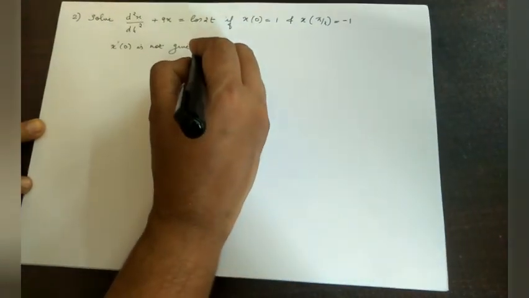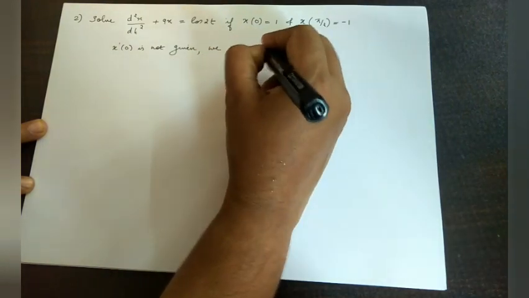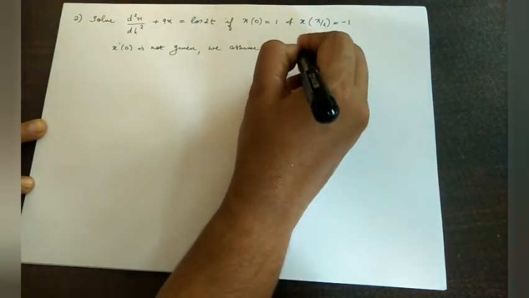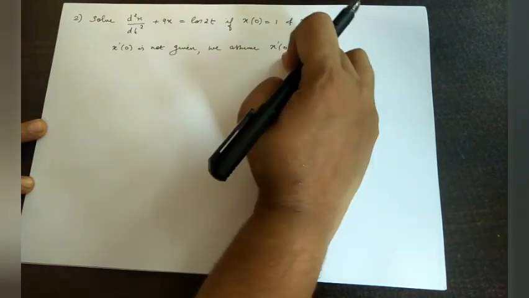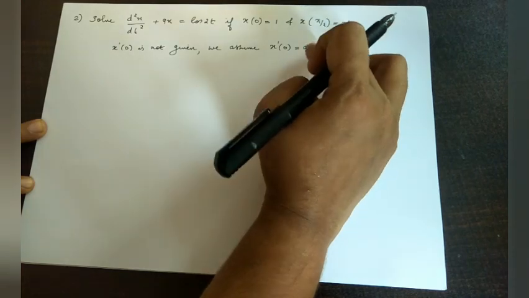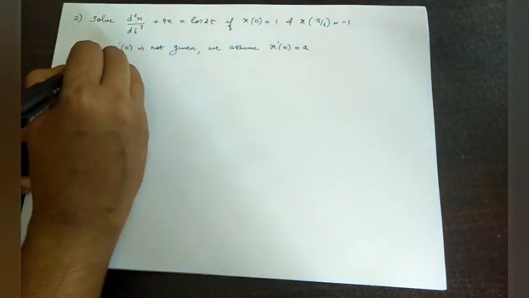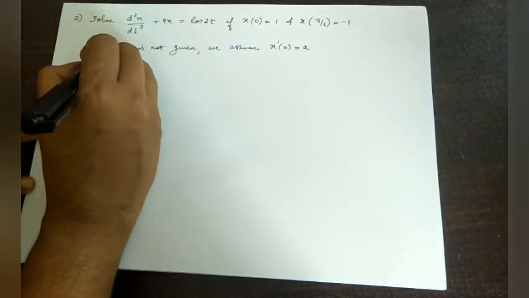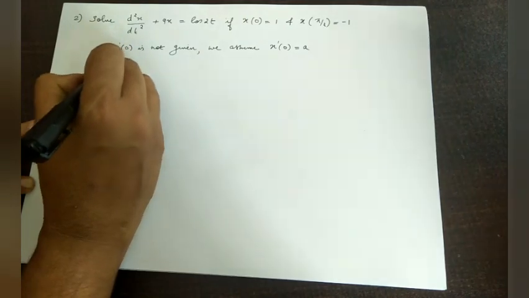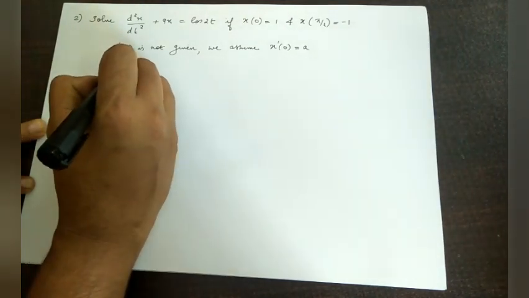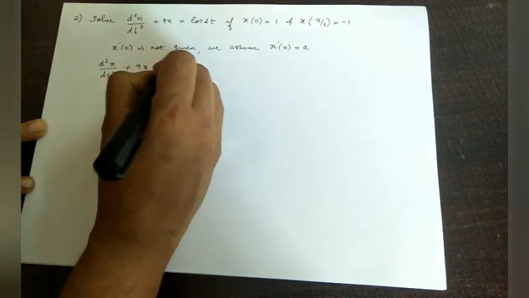Therefore we can assume x dash 0 as a. Now in the problem we will apply these two conditions, and finally we will apply this to obtain the constant a. Now start with the equation of the form d square x by dt square plus 9x is equal to cos 2t.